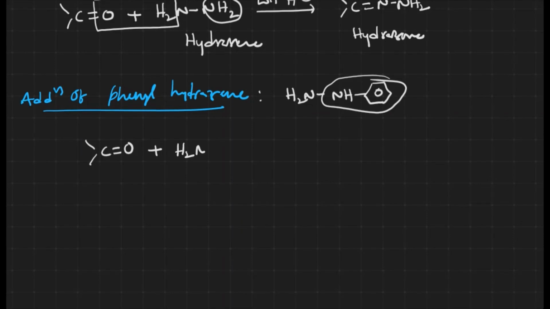Let us take H2N NH and the phenyl, right? This is the phenylhydrazine. What happens here? Elimination of this part takes place, right? Again, elimination of this part takes place in the presence of dilute acid, and then what happens?